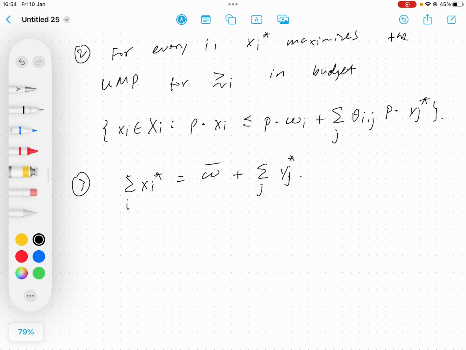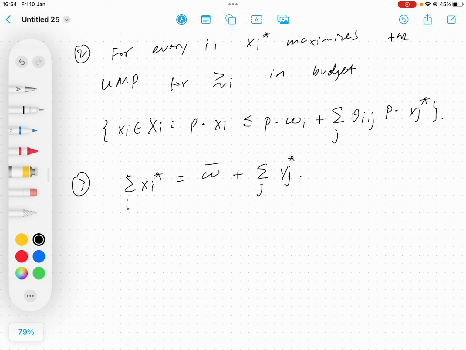Okay. So this is very straightforward, that all the consumption comes from either the endowments or what is produced by the firms.